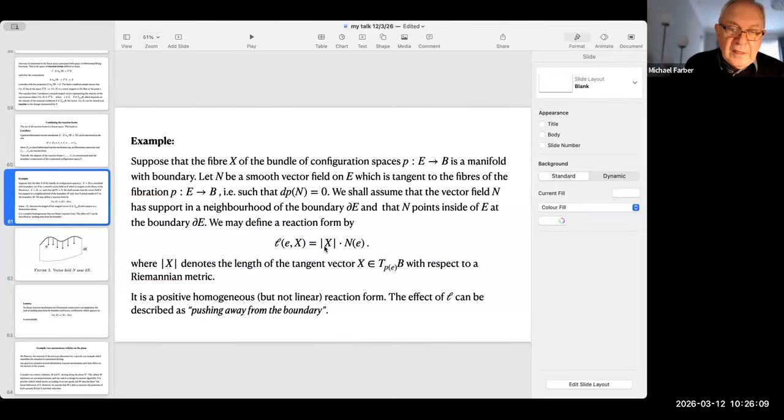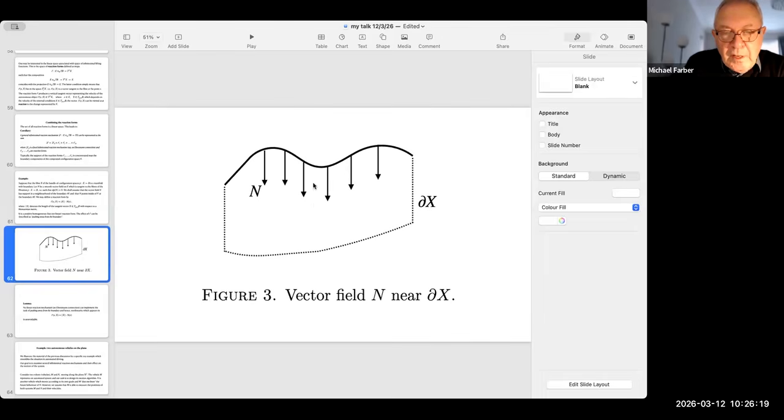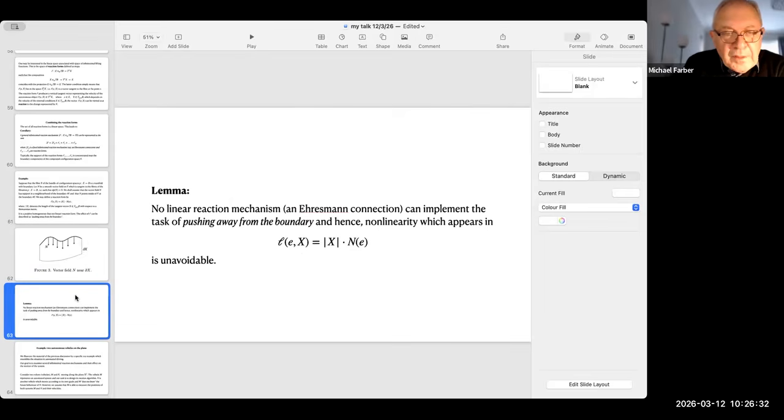And you see that this is not a linear function. It is a kind of nonlinear reaction form. This is the picture. So this reaction form kind of pushes our system away from the boundary. And the boundary is actually, you will see in an example, which I will come to in a moment.